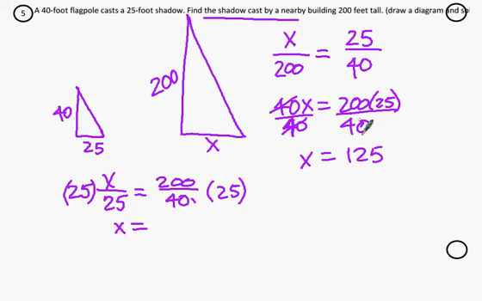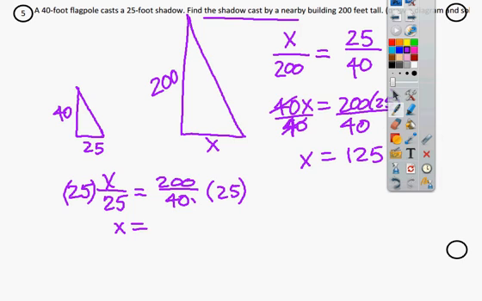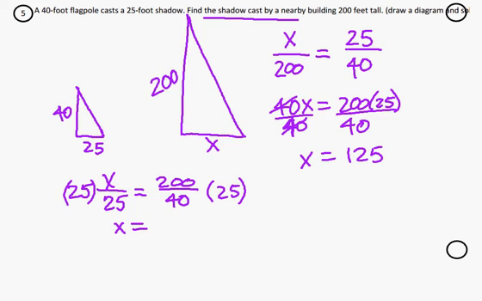Either way, I end up doing the same thing. No matter how you set the proportion up, you end up doing these same calculations. So once again, I get 125.